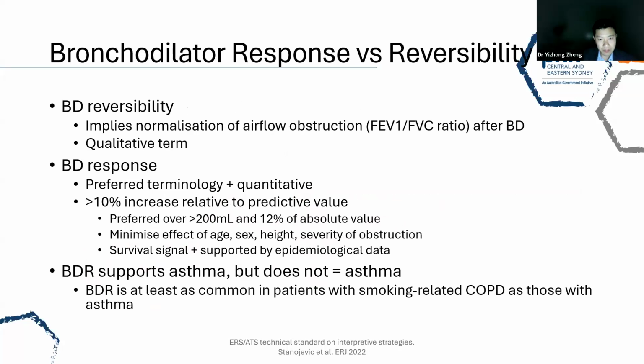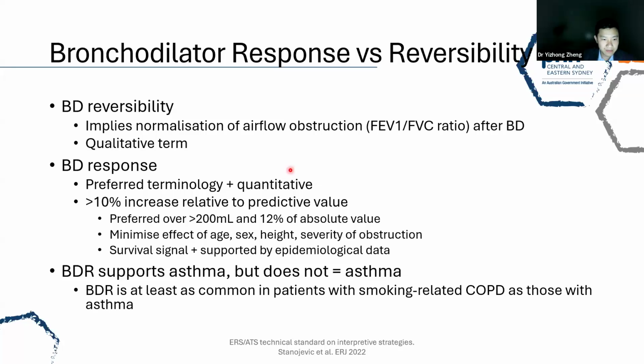In terms of bronchodilator response versus reversibility, in the past, and I guess some sites still use the term reversibility. This is a qualitative term and implies normalization of airflow obstruction after bronchodilator. The preferred terminology is bronchodilator response, because you don't always achieve normalization of airflow obstruction, and that doesn't mean it's not significant.